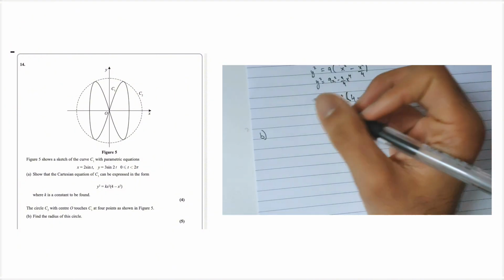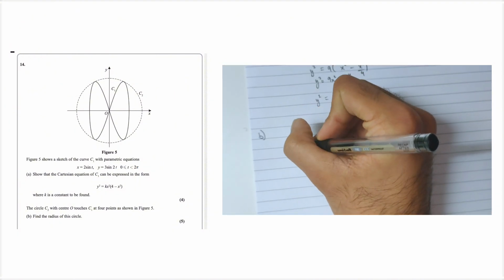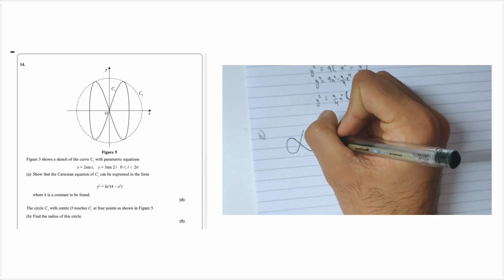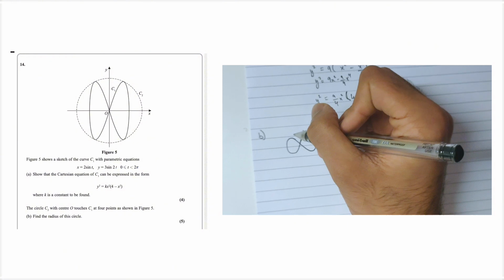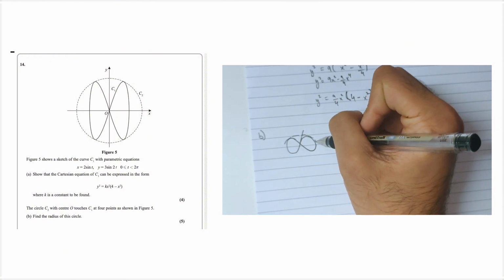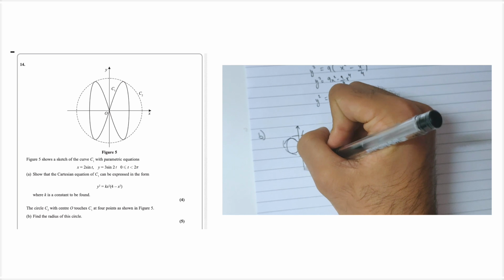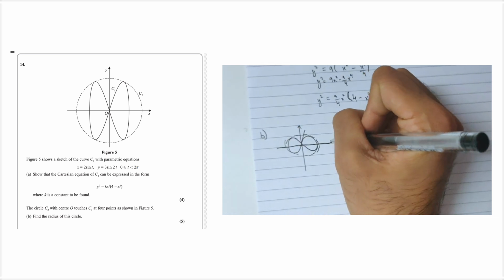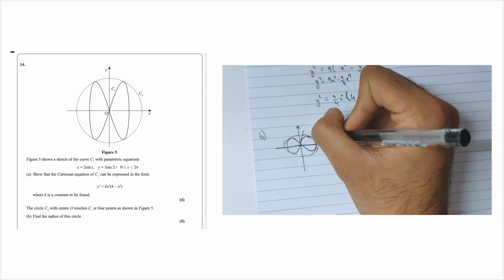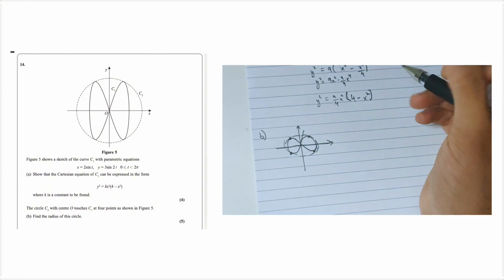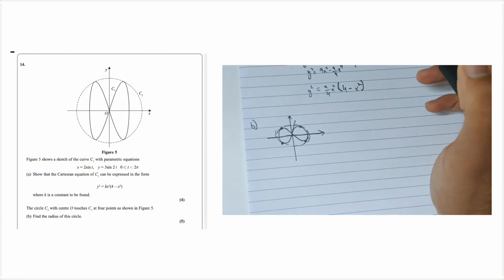So let me just draw that real quick. That's a really bad drawing, but bear with me. So we have something like this and a circle around it. And we're given that it touches at 4 points on C1. And we want to find the radius of the circle.